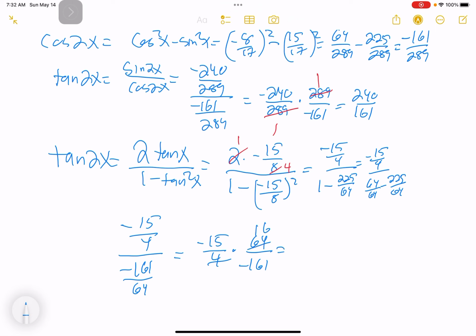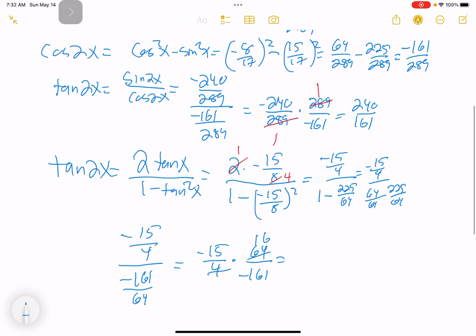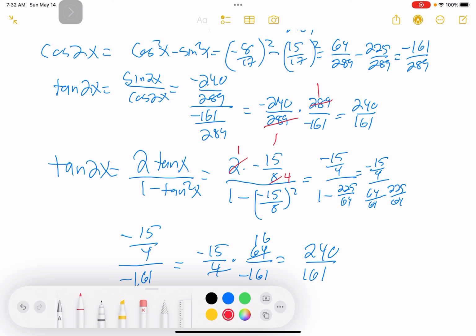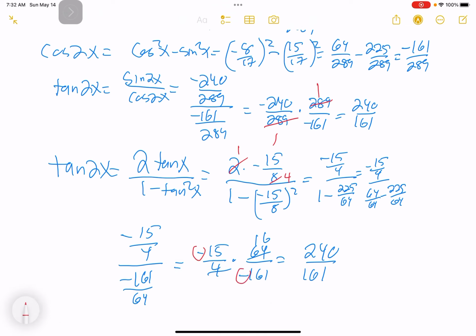And then 16 times negative 15, that's our 240. So 240 over 161. And that negative on top, negative over negative cancels. And there's our final answer. So 2 ways to get that answer. Okay, hope that helps.